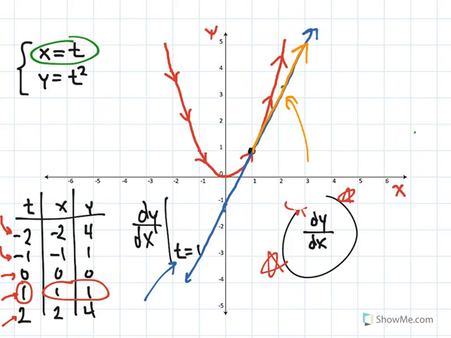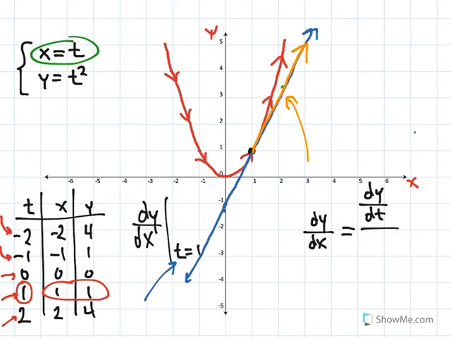So going back to our problem with analyzing the motion of the particle moving in the xy plane, we now know that dy/dx is going to be dy/dt divided by dx/dt. And what is dy/dt?